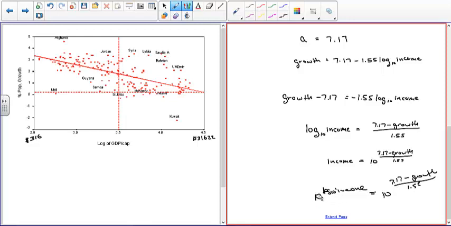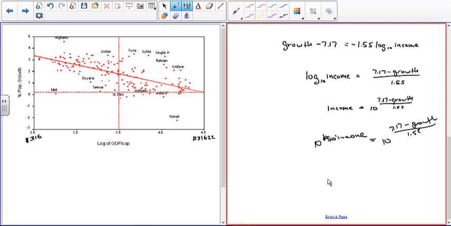And 10 to the log base 10 are inverse functions, so you just get income. From this you get income, and you can see it's an exponential growth with the base being 10. Now you could do the same thing if you plotted instead of log base 10, log base natural base.